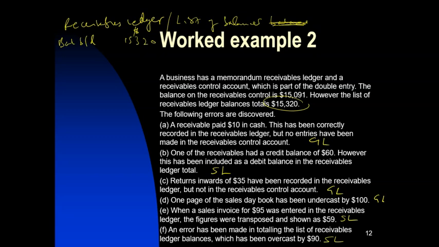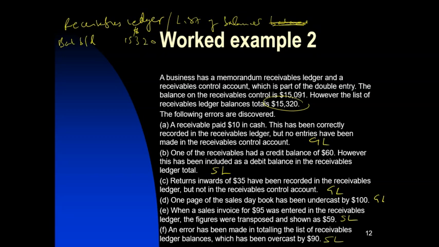We just go straight to the portions we indicated. This is the sales ledger, this is the general ledger item, and so on. So let us go to the sales ledger issues. One of the receivables had a credit balance of 60. However, this has been included as a debit balance in the receivables ledger total.